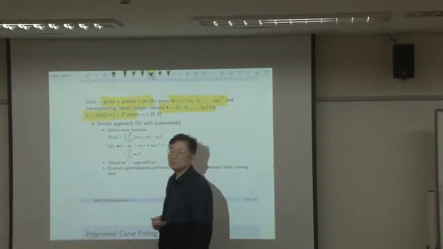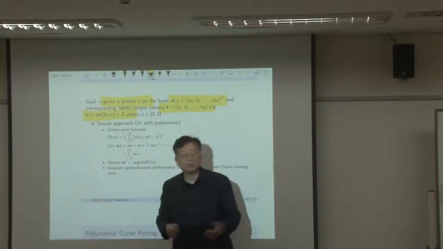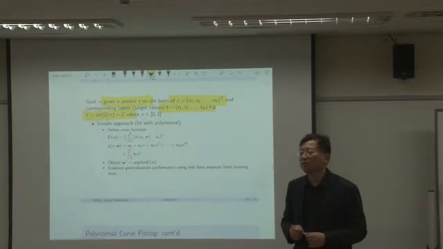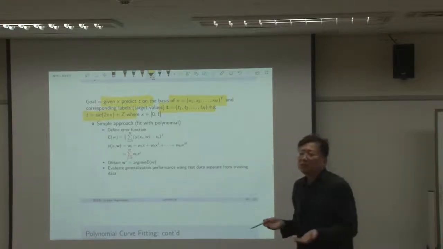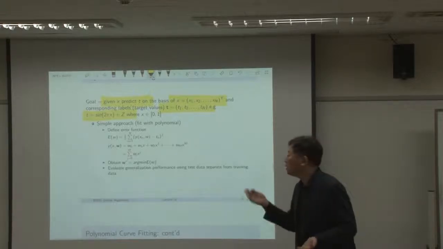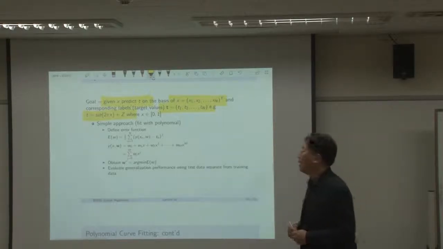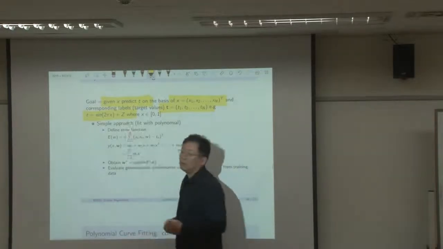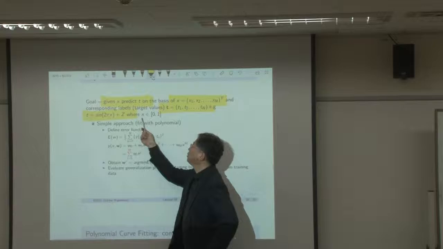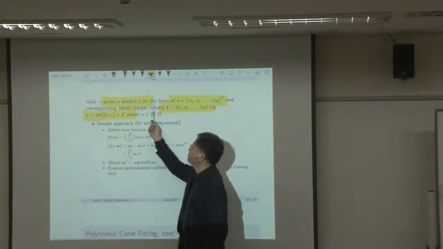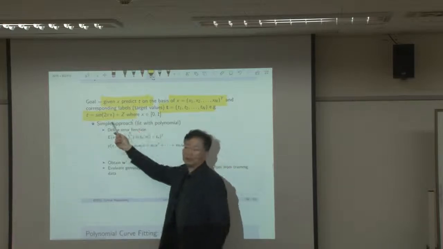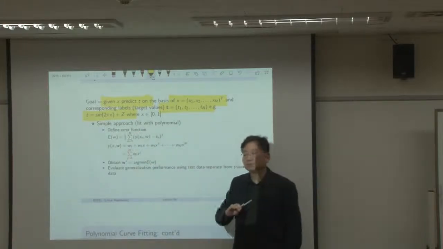This is in the same form we were talking about, y equals f(x) plus epsilon. But instead of y it's t here, and instead of epsilon we have z here, and we assume x is in the range between 0 and 1. So it's one period.